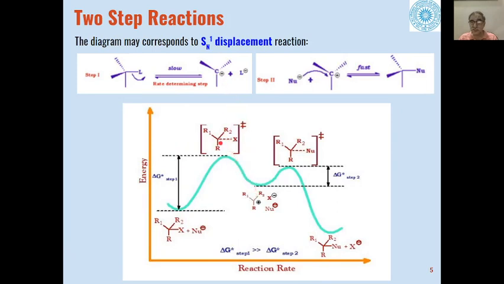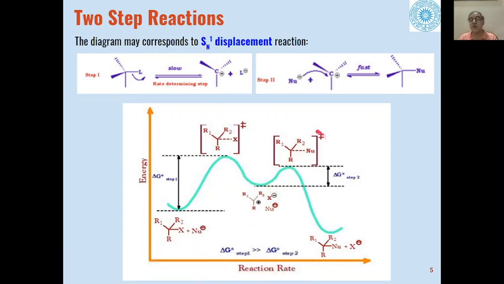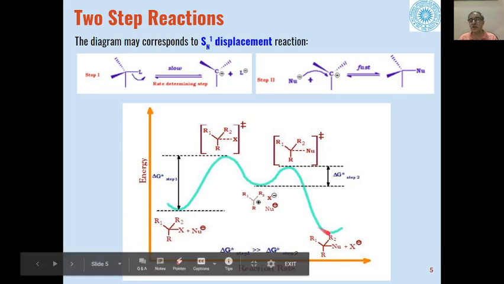So the transition state is this one, and when the carbocation is formed from the transition state, the energy will become lower. And then this intermediate will again interact with the nucleophile to give us this second transition state, and this second transition state then will ultimately get converted into product where the nucleophile will get attached to the substrate.